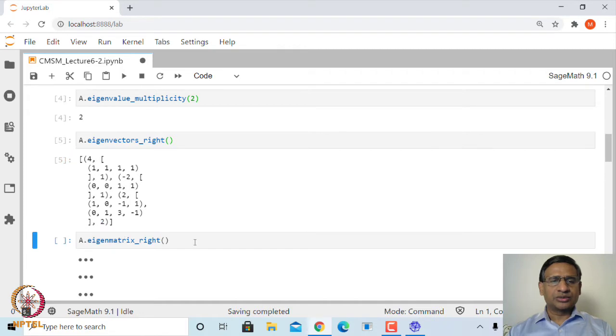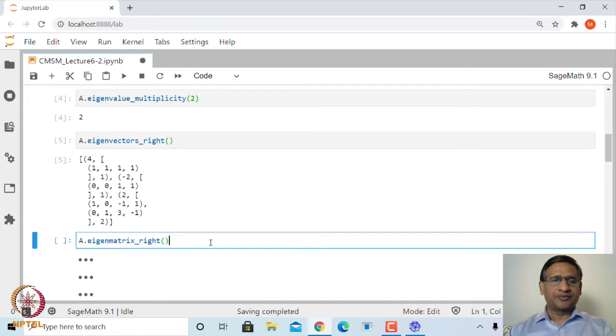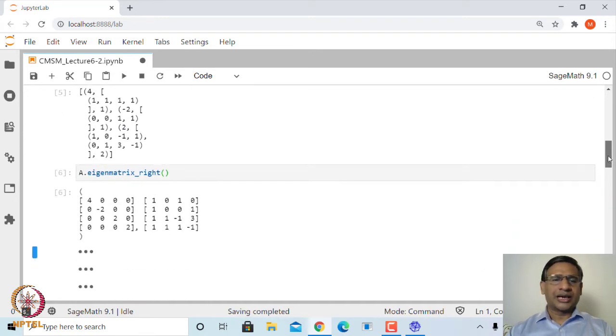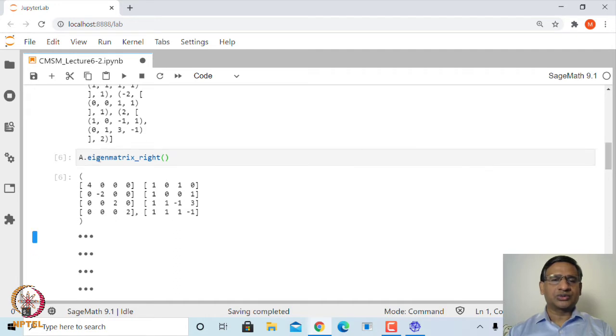Right. So, we can in fact find this out using another method called eigenmatrix_right. When you say A.eigenmatrix_right, it gives you two matrices.